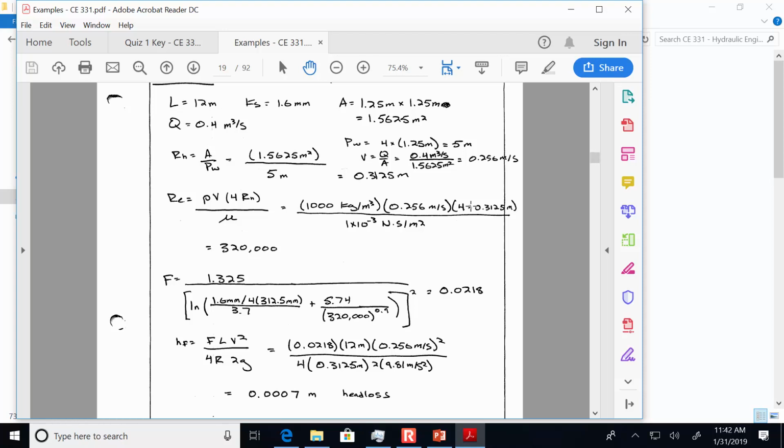Okay, so I'll put in the 0.256 meters per second, and then we've got the 4 times the hydraulic radius. So 4 times 0.3125 meters. That's our numerator, and in the denominator, the viscosity of water. The standard conditions, 1 times 10 to the minus 3 Newton seconds per meter squared. So the Reynolds number for these flow conditions is 320,000.